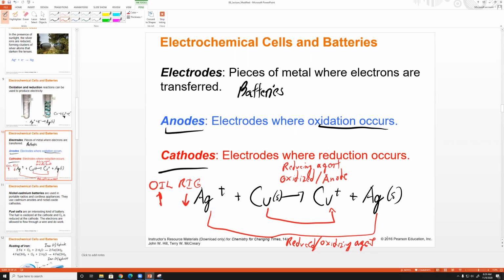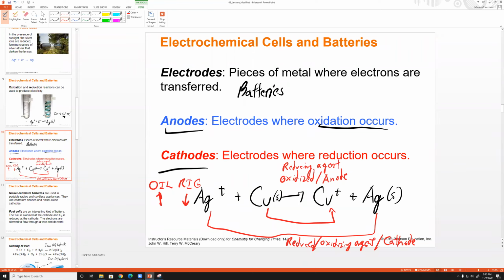And if it's reduced, it's the cathode. So we can say three terms for every redox reaction. First, figuring out which one's oxidized, which one's reduced. After that, because it's being oxidized, it is the reducing agent, meaning it's causing the other thing to be reduced.